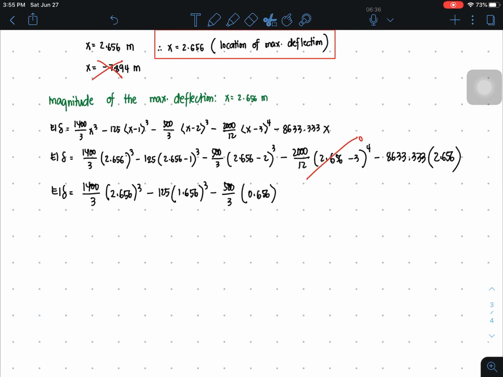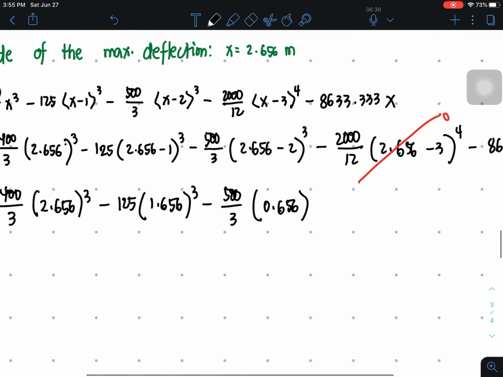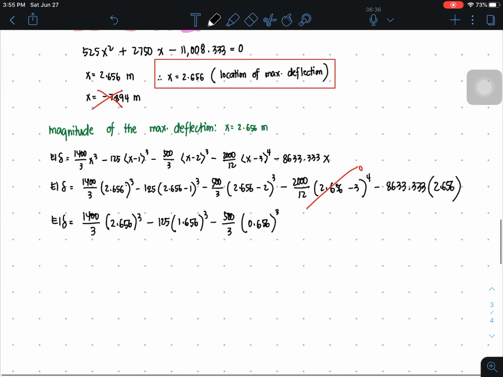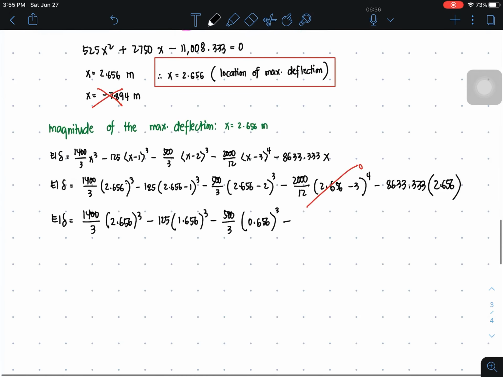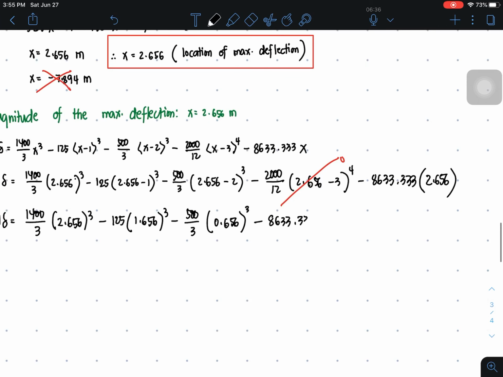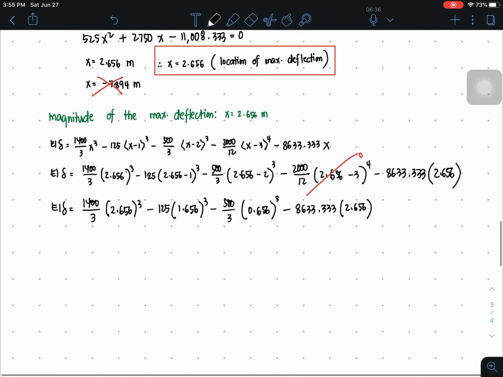And where are we? 2.656 cube, then minus 8633.333 times 2.656.